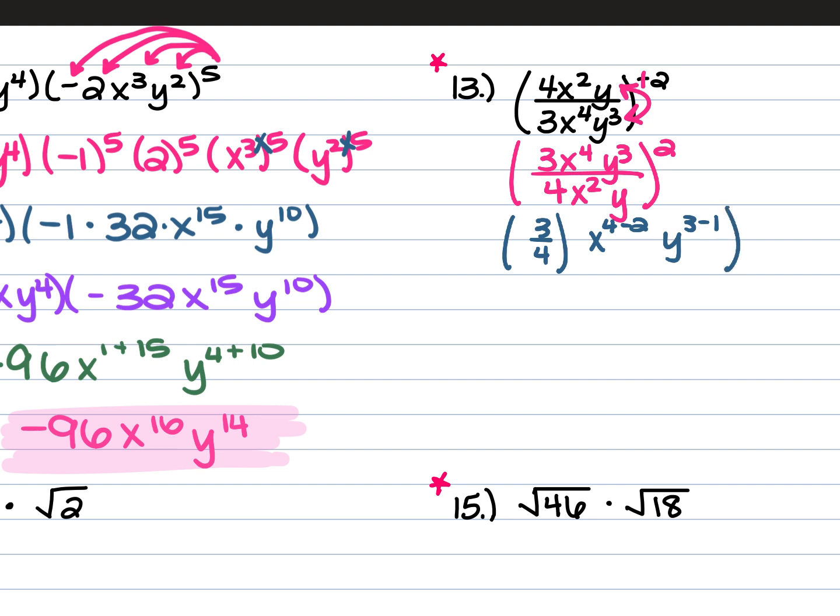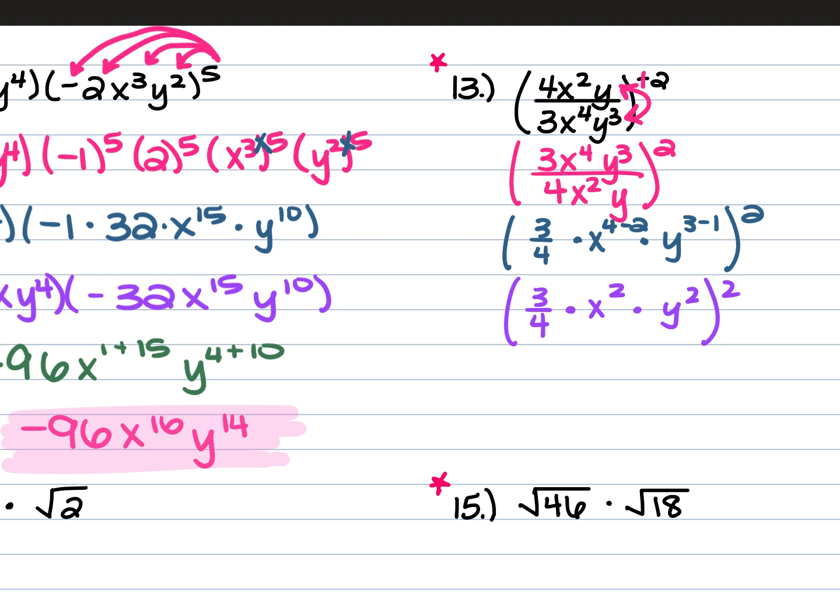You are going to keep the power of that 2 on the outside of this, because your rule when you're dividing two bases that are the same is to keep the base and subtract their powers. So from here, you're going to have 3/4, x to the 2nd power, and y to the 2nd power, and then these are raised to the 2nd power.